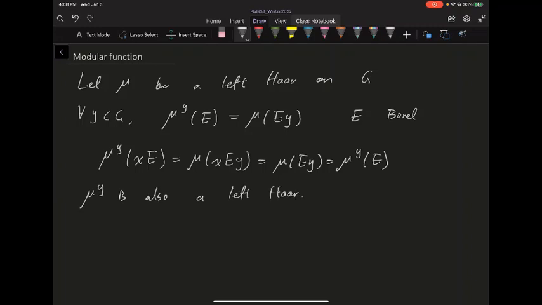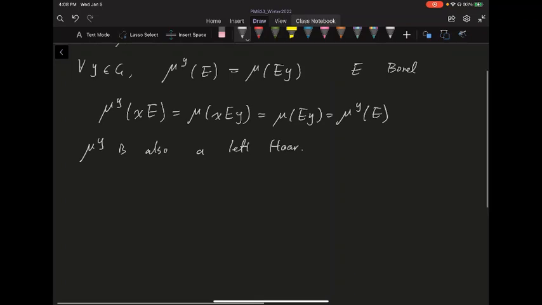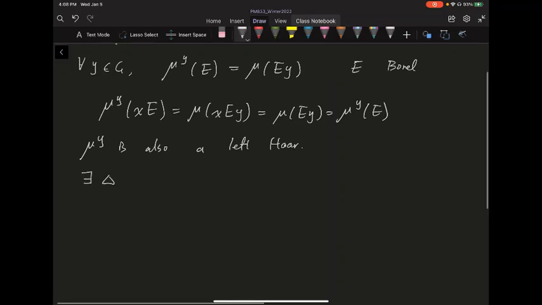And because we have this uniqueness theorem of left Haar measure, mu_y and mu are both left Haar measures, so you can find some constant. Let's give it a name. There exists a delta of y, so this constant will depend on this y we translate on the right. This delta y is going to be inside 0 to positive infinity, a positive scalar, so that mu_y is essentially just a scalar multiple of mu.